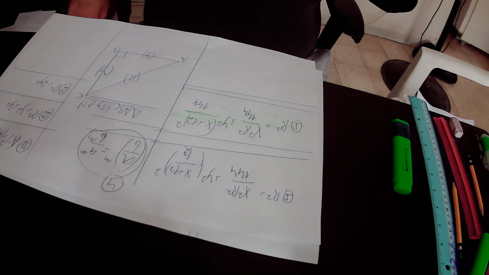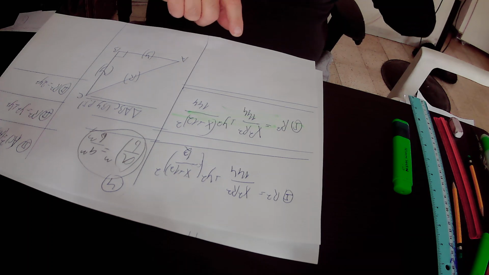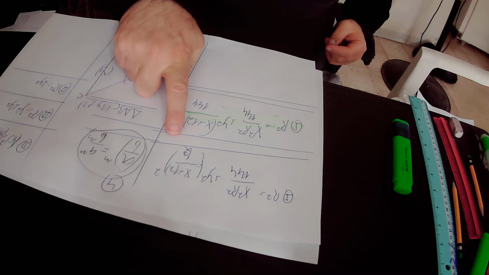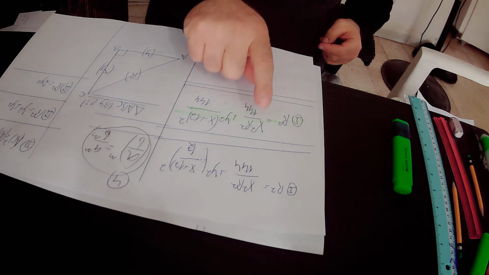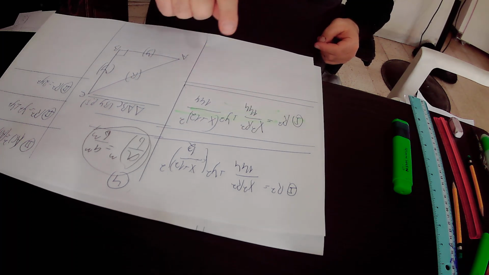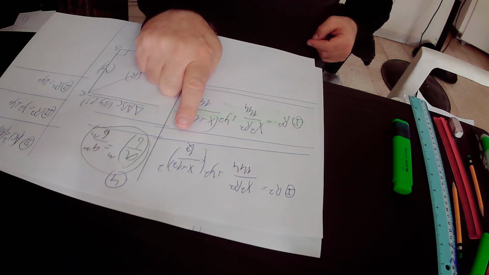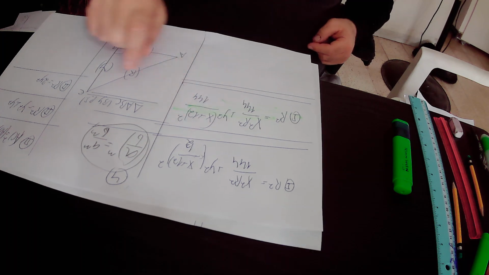So here we have the algebraic identity. According to equation 1, R square equals X square times R square over 144 plus Y square, and we have used here the algebraic identity for this expression.